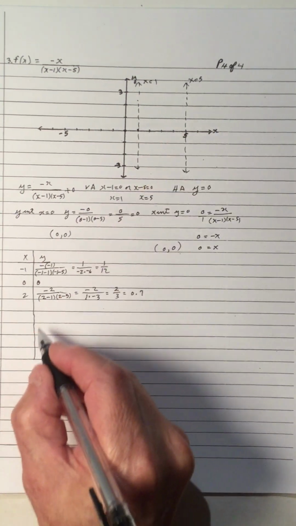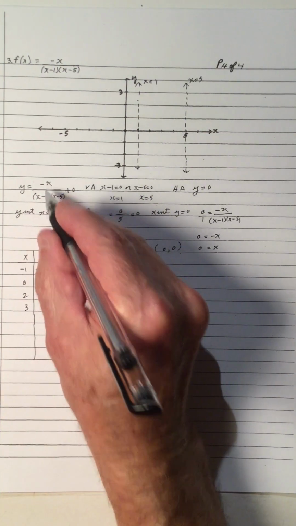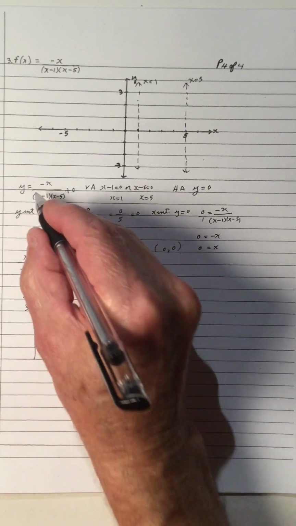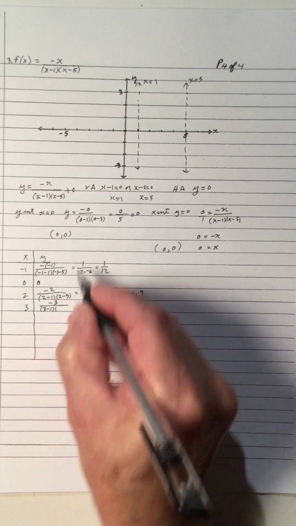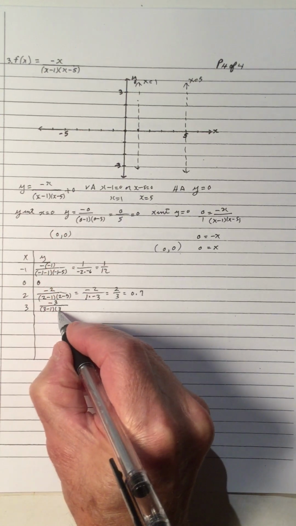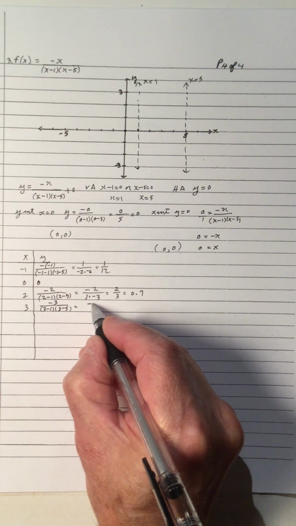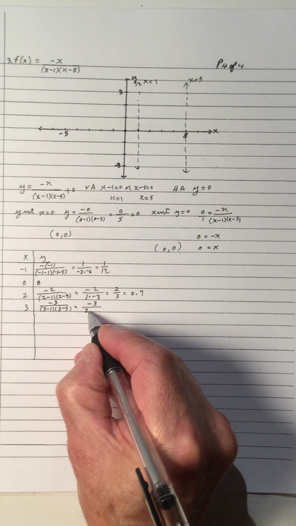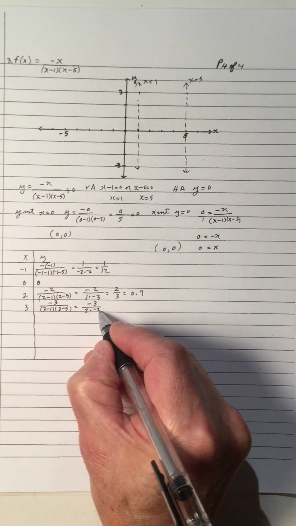Let's try a 3. Put a 3 in. So we put a 3 here, we get a negative 3. Put a 3 here, we get 3 minus 1. Put a 3 here, we get 3 minus 5. So we get negative 3, 3 minus 1 is 2, and 3 minus 5 is negative 2.